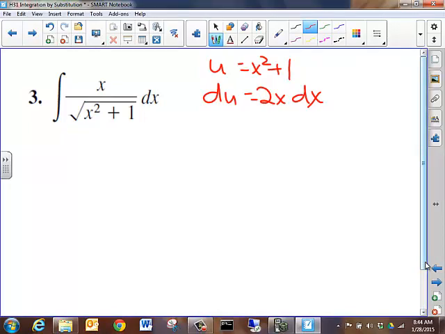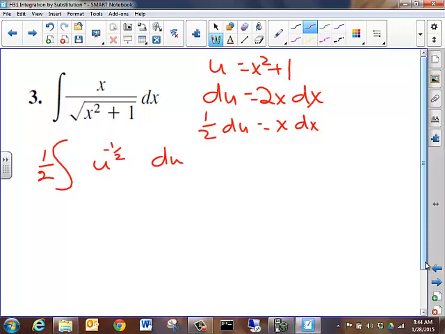Okay, so we're going to integrate, well, we don't have a 2x, so we have to do a 1/2. A common mistake that students make is getting messed up on all of your coefficients. I'm integrating 1/2 u to the negative 1/2, because that x squared plus 1 is in the denominator.